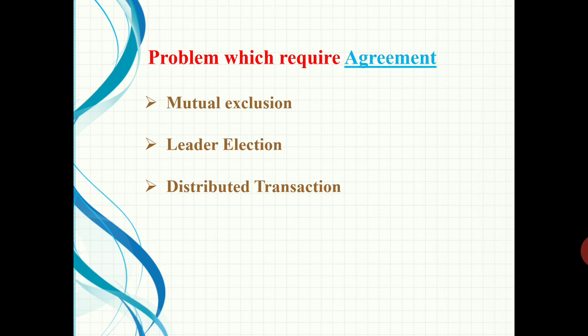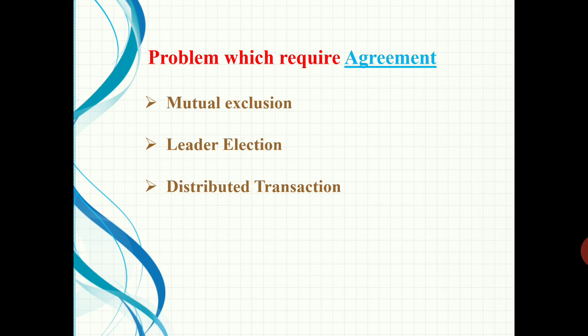So to commit or abort a transaction, we need the agreement of all processes involved in the transaction. So there are many problems in distributed systems that require this agreement.